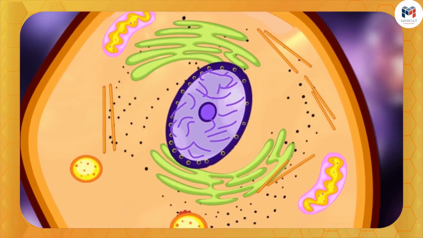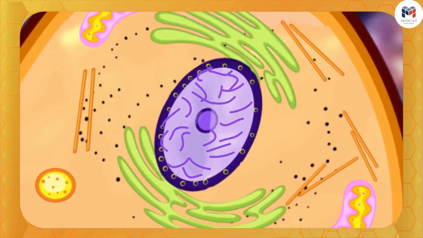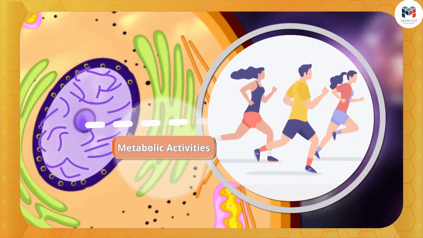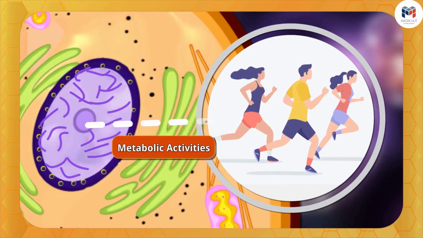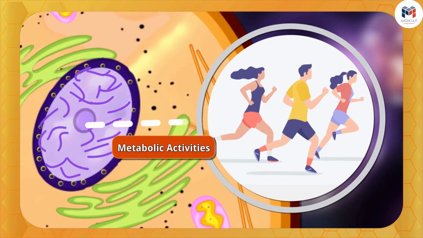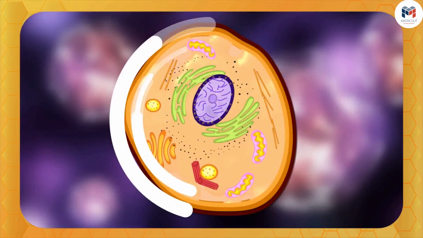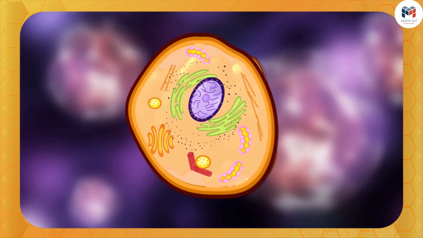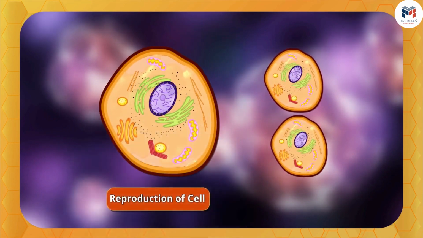By the way, you must have understood the center of the cell is the headquarters which controls and directs all metabolic activities such as production of energy, etc. It determines the overall growth and maturity of the cell. It also plays a central role in the cellular reproduction of cells.